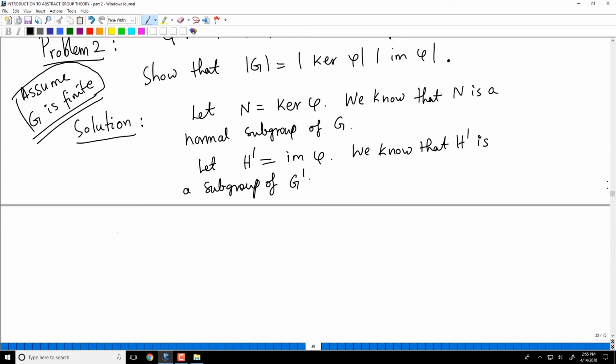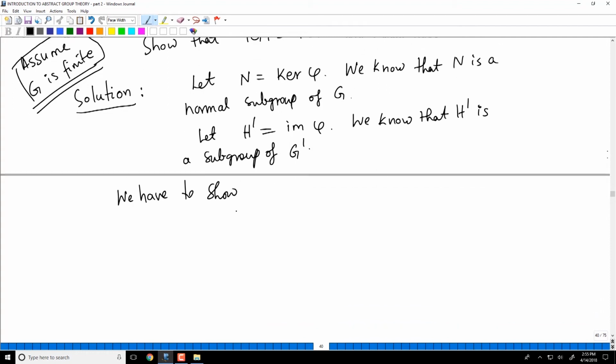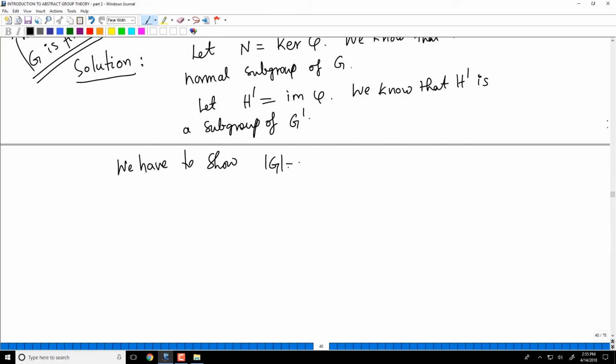So we have to show that order of G is equal to the product of order of N and order of H prime. So let's show this. What I will do is, we will show the following.